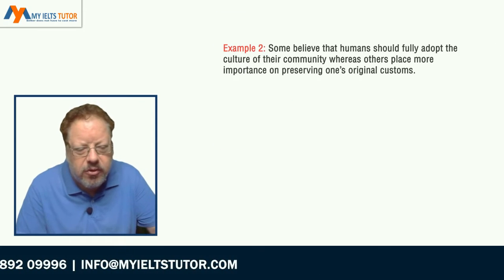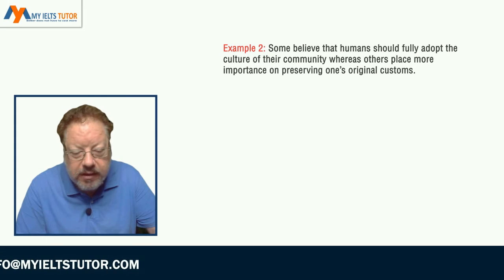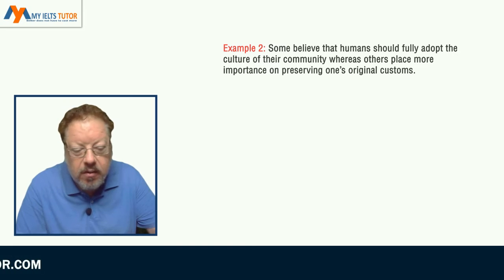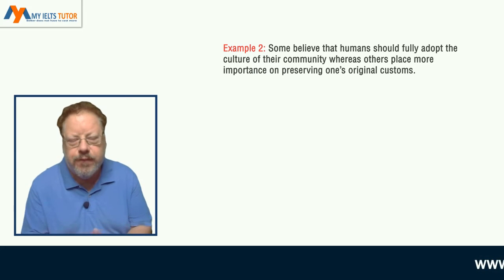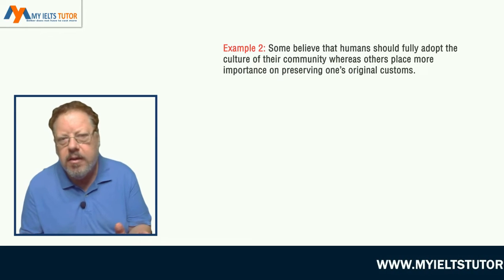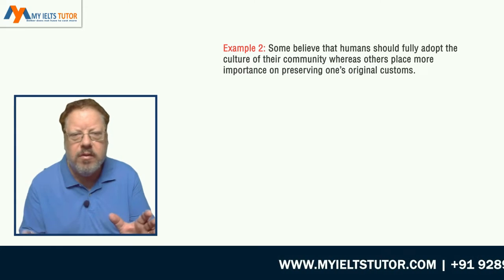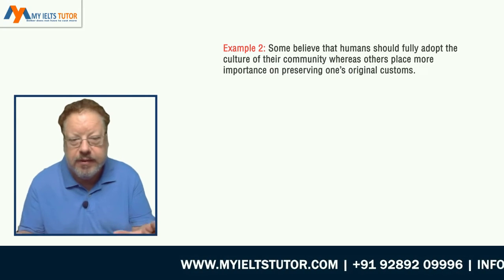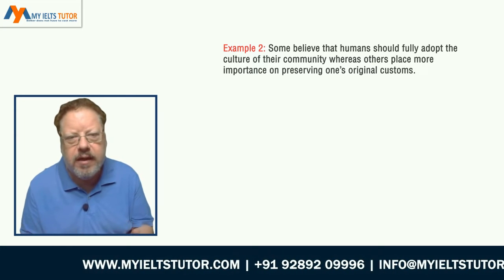Now, in example 2, we have humans. Some believe that humans should fully adopt the culture of their community, whereas others place more importance on preserving original customs. Now, we can't use humans here because if we go back to the first example, we're referring to other species, in terms of hunting and fishing, okay? So we're differentiating humans from other species in that first one, human activities. Here, humans just doesn't work because, first of all, it's not natural.